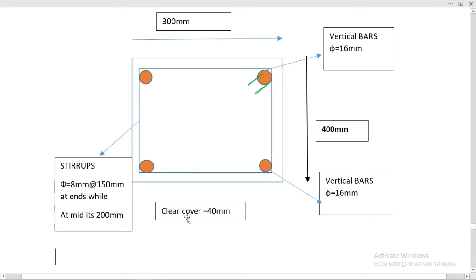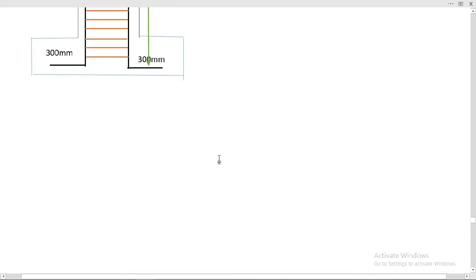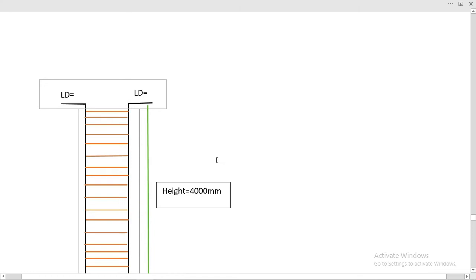Clear cover from all the sides of the column is 40 millimeter, and the stirrups we are using here are 8 millimeter, with spacing 150 millimeter at the ends of the column, and at the mid of the column 200 millimeter spacing between the stirrups. So this is our today's topic, bar bending schedule of the column.